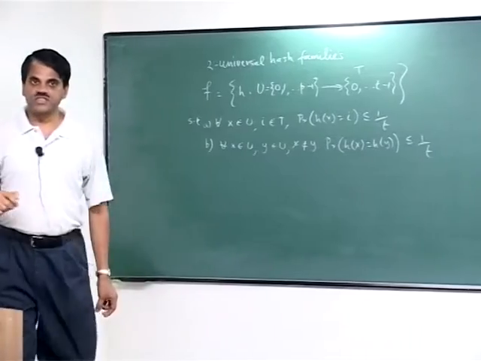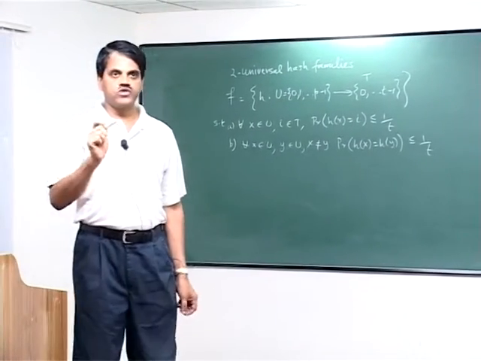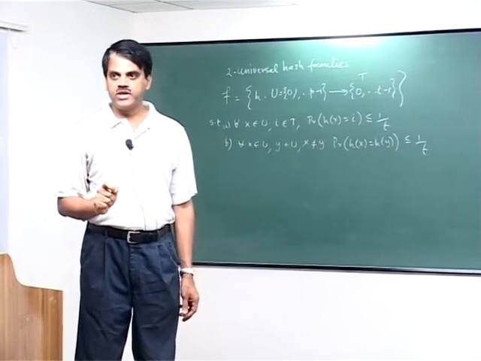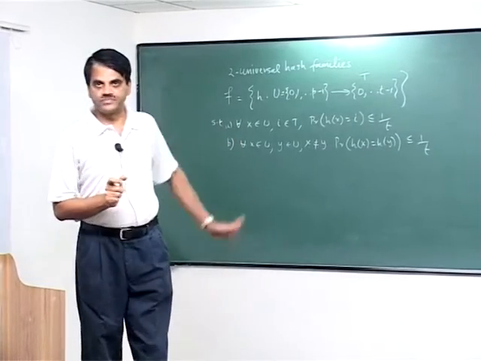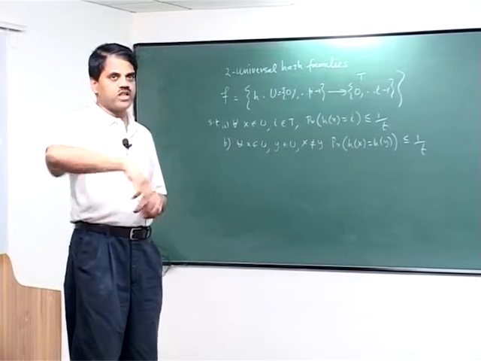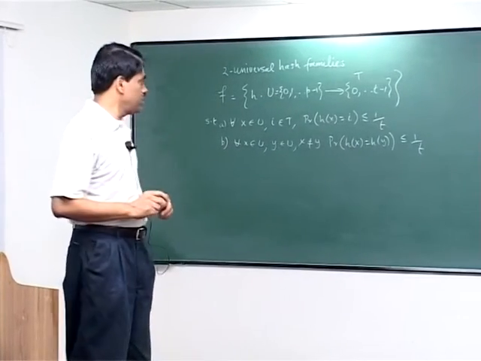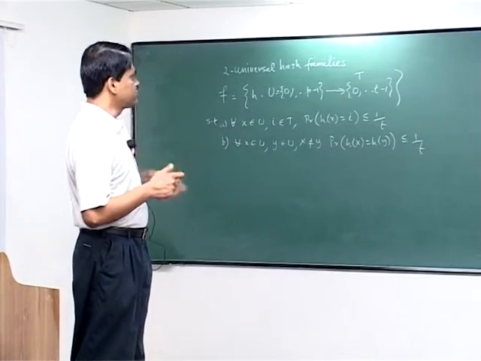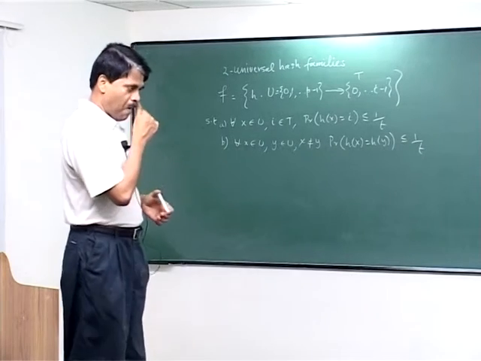There is a family of functions such that if I pick a function uniformly at random from this family, it has these two properties. So it takes an element and it uniformly spreads it to any of the table locations with equal probability, and the collision probability is also very small.